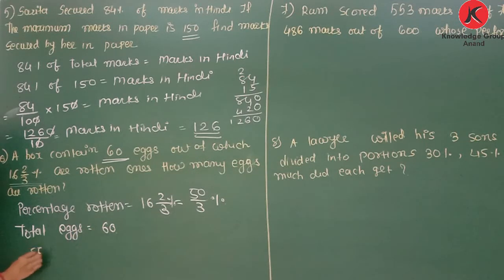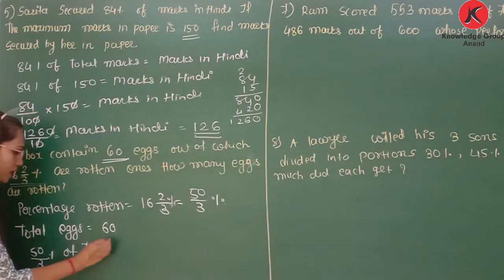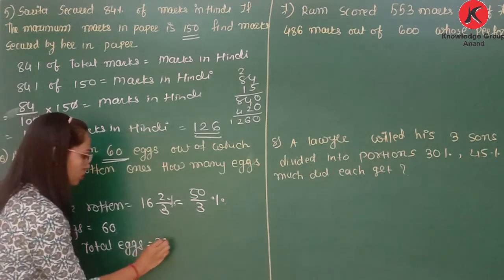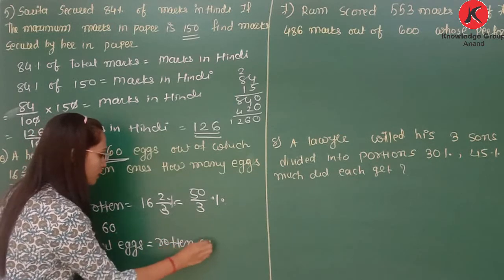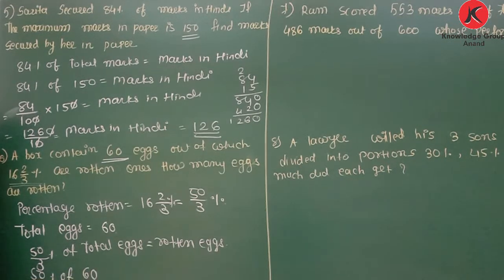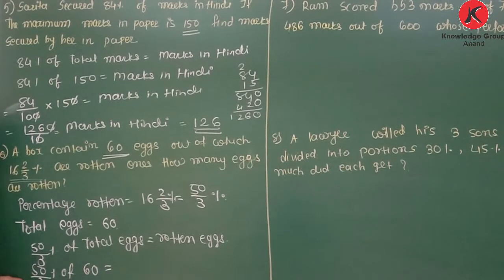So we can write 50 by 3% of total eggs is equal to rotten eggs. So here 50 by 3% of 60 will give the number of rotten eggs.